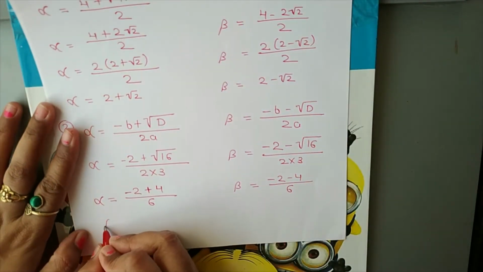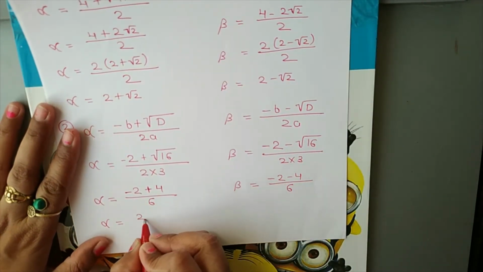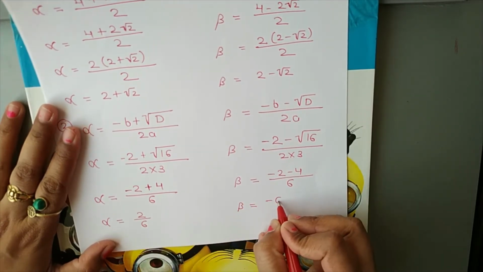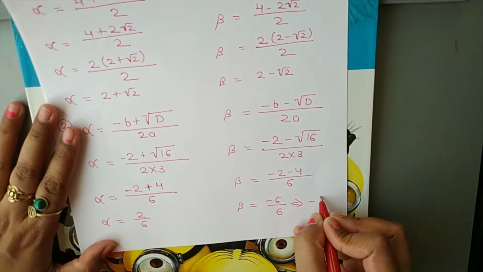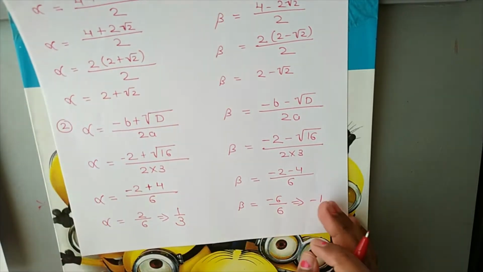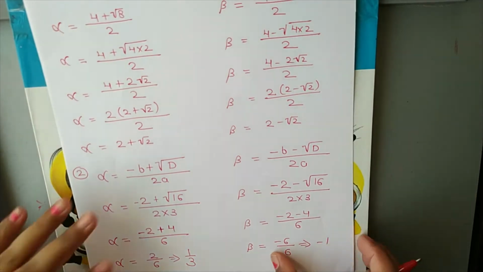Then alpha will be 2 upon 6, and beta will be minus 6 upon 6, so it will be minus 1, and alpha is 1 upon 3. So the first root is 1 by 3 and the second is minus 1.